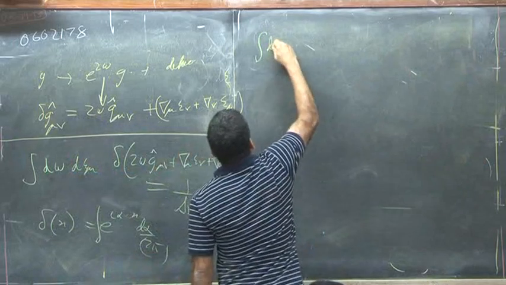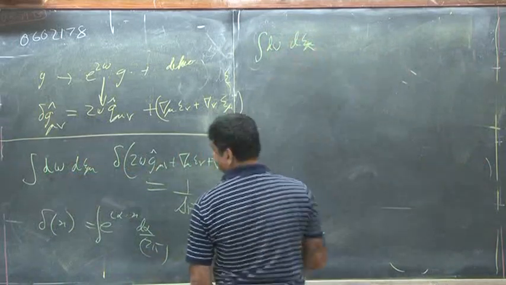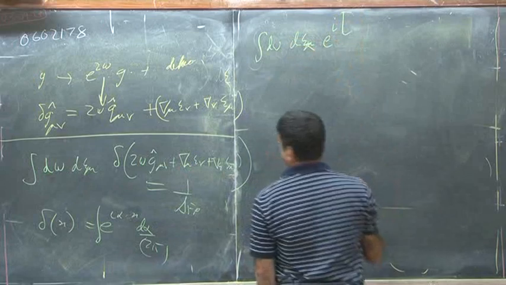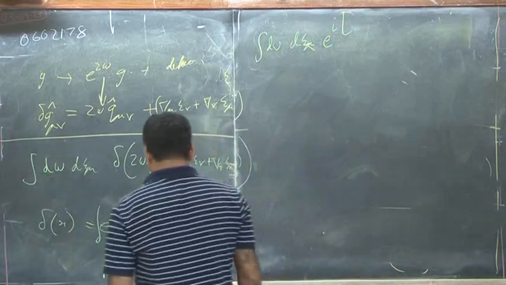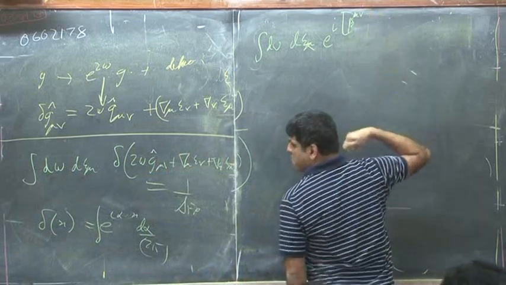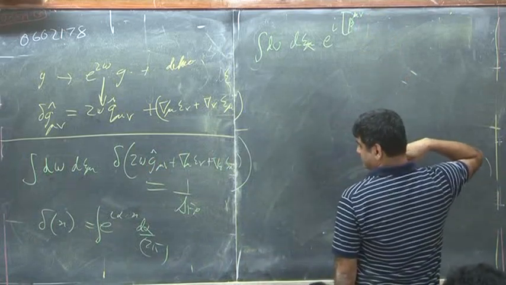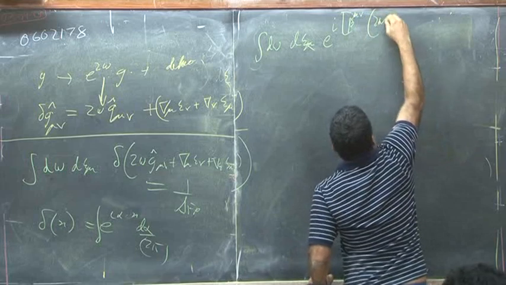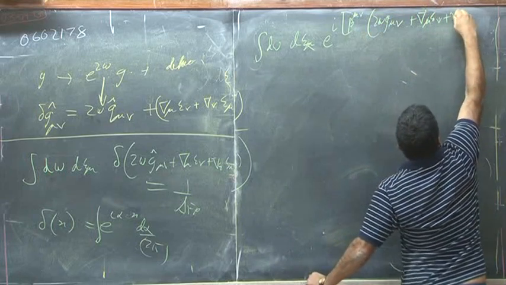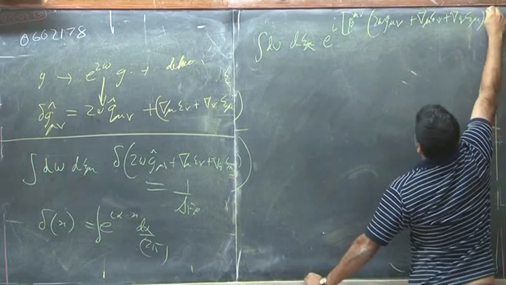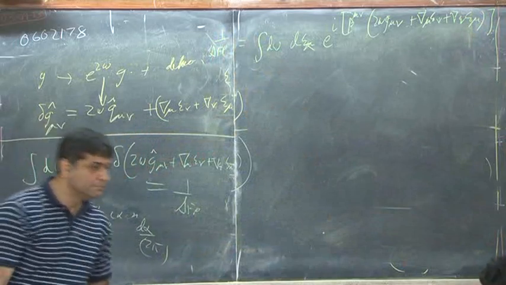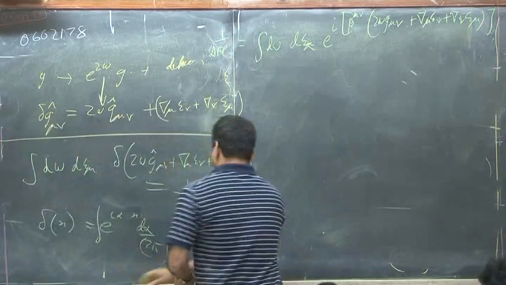So this becomes the integral d omega d zeta of e to the power I of, now let's call this beta mu nu, times 2 omega g mu nu plus del mu zeta nu plus del nu zeta mu. This was equal to 1 over delta x.